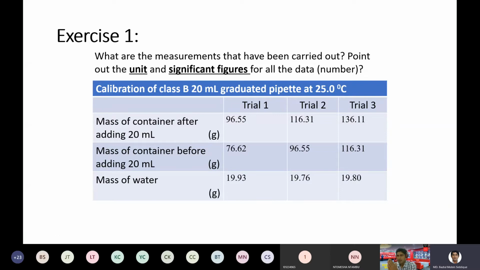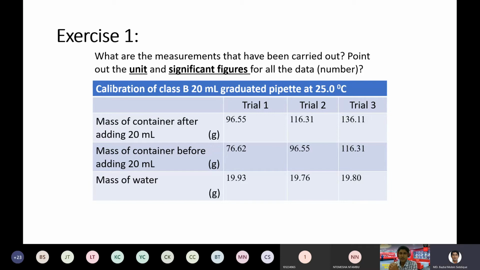For this example, we need to calibrate, as we usually do in the lab, a 20 milliliter graduated pipette at 25 degrees centigrade, right?